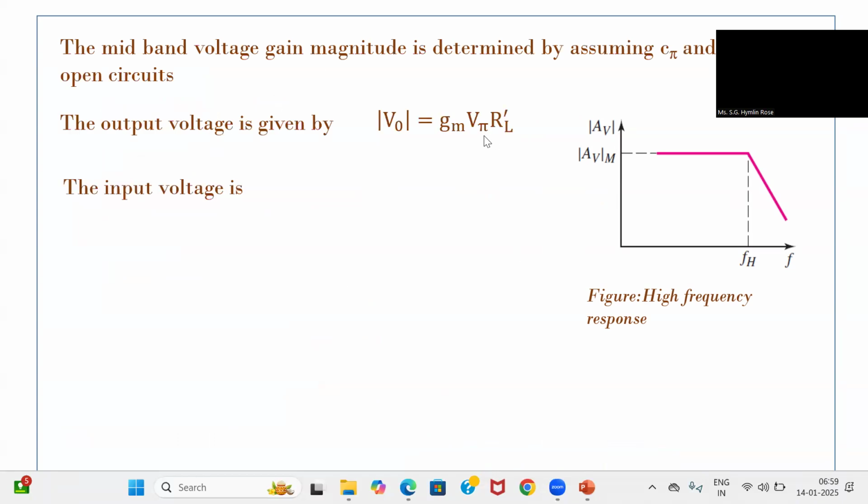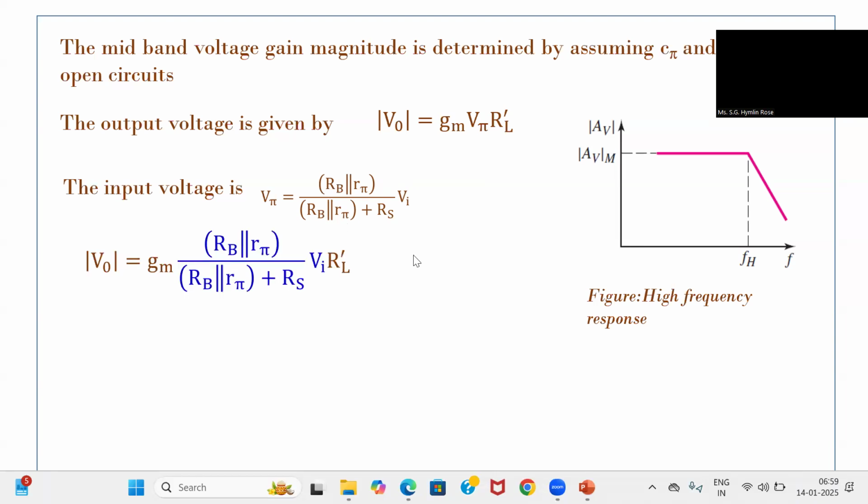What is the output voltage? It is nothing but the current source gm V pi into RL dash. The voltage V pi is RB parallel R pi by (RB parallel R pi plus RS) into VI, applying the voltage division rule, since the input voltage appears across RB parallel R pi in series with RS. From that you calculate the output voltage V naught as gm into RB parallel R pi by (RB parallel R pi plus RS) into VI into RL dash.